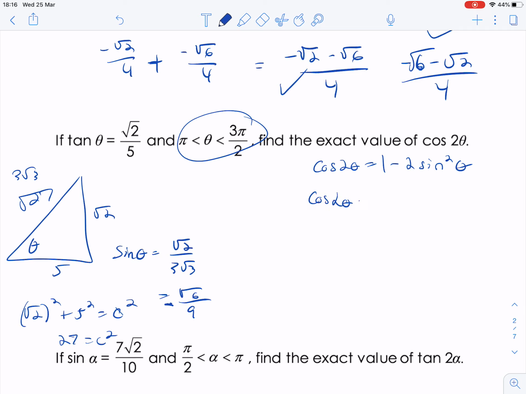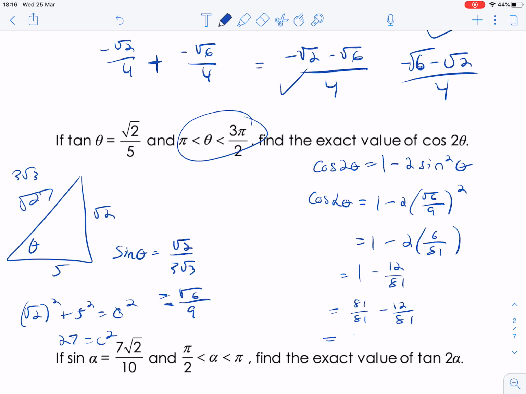Cosine of 2 theta equals 1 minus 2 times square root of 6 over 9 squared. 1 minus 2 times 6 over 81. 1 minus 12 over 81. 81 over 81 minus 12 over 81 equals 69 over 81. And what does that reduce to? Not 27. 23 over 27.